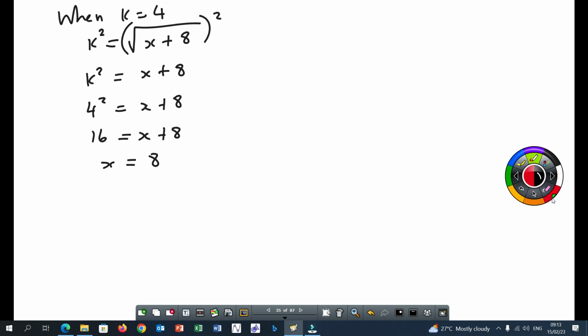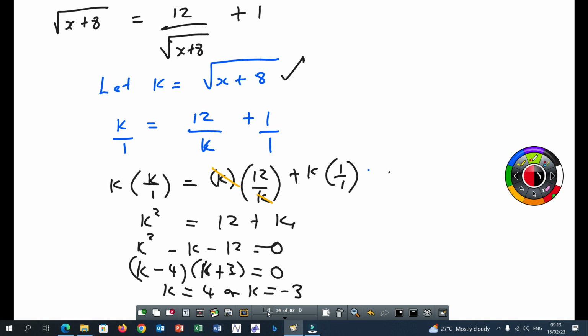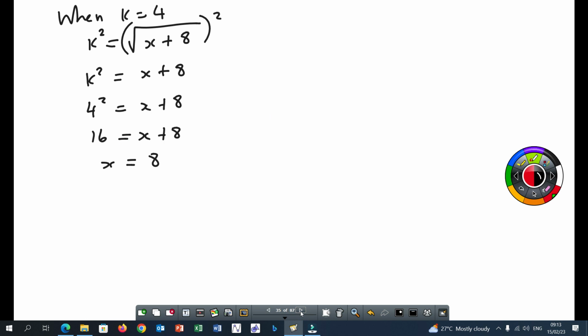Then we need to check this. Let's check if it's valid. So, you go back to the original equation. Remember, we found x equal to 8. You don't test with that, you test with the original. So if I put 8 there, I'll get square root of 8 plus 8.